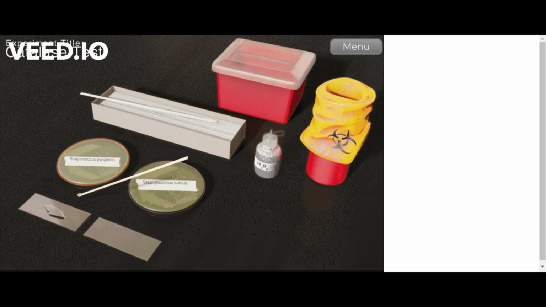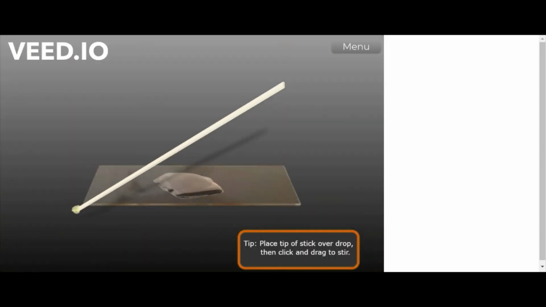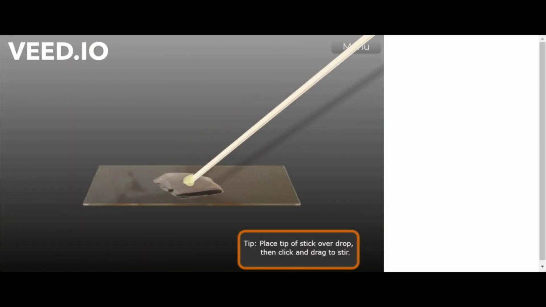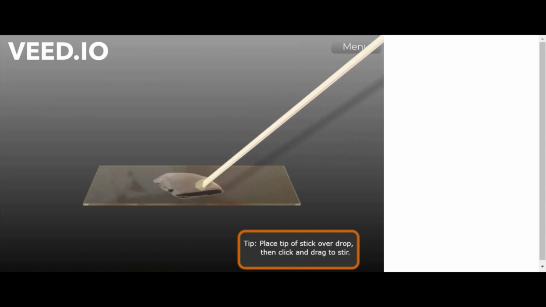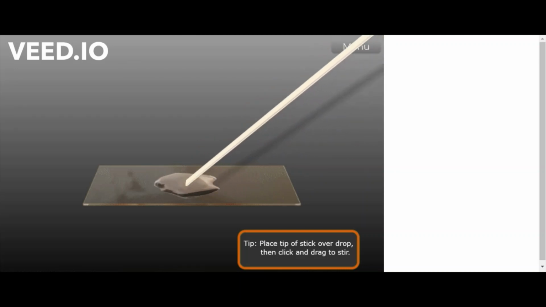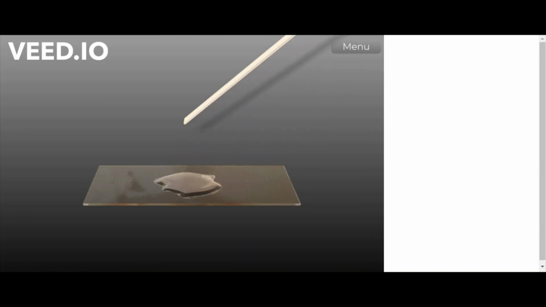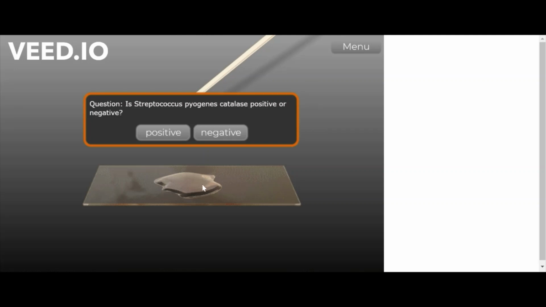Next I will mix the bacteria into the H2O2 and observe whether there are any bubbles formed. As you can see here, there is no bubble, so it will be considered as catalase negative.